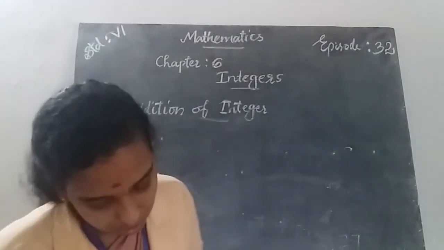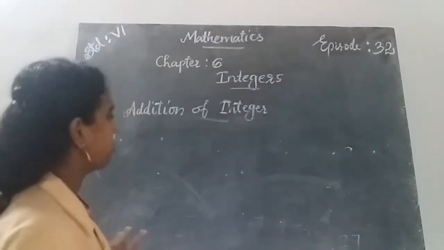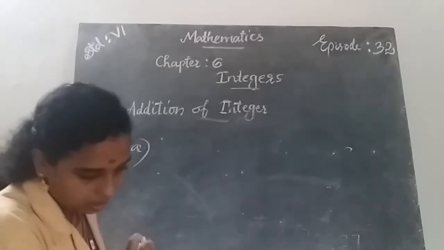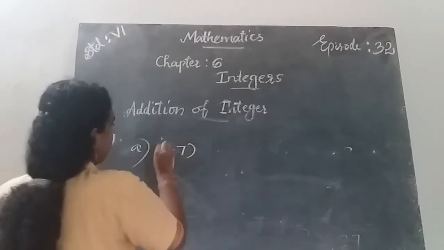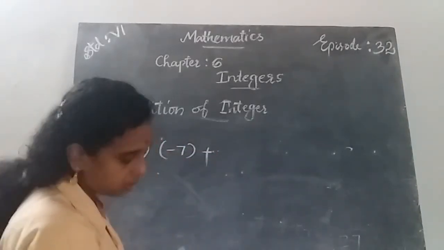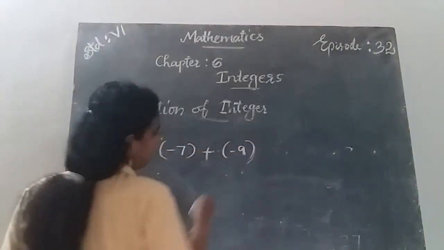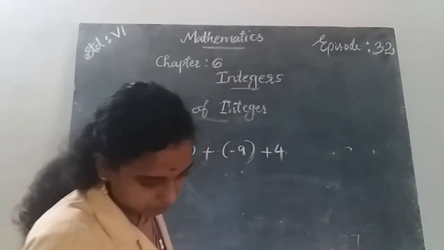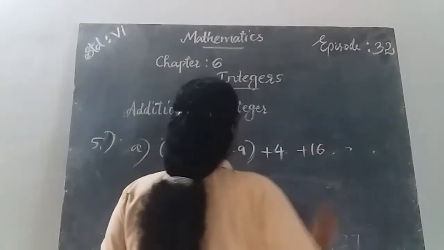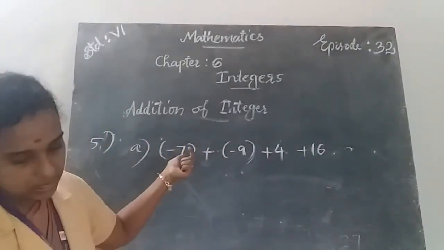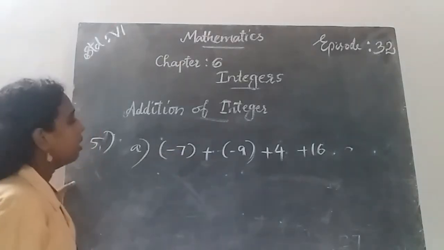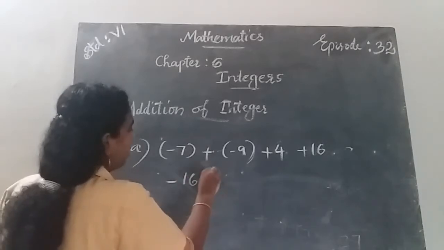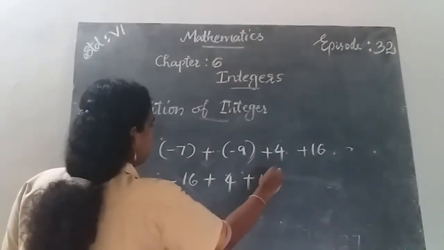And like this, question number 5 is also find the sum. The question is negative 7 plus negative 9 plus 4 plus 16. Negative 7 plus negative 9, we get negative 16, plus 4 plus 16.